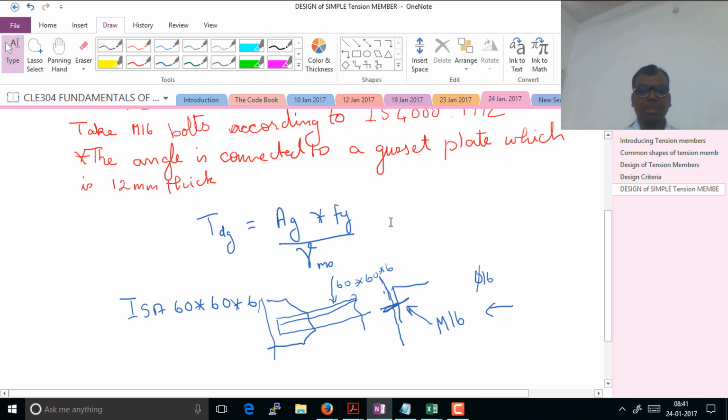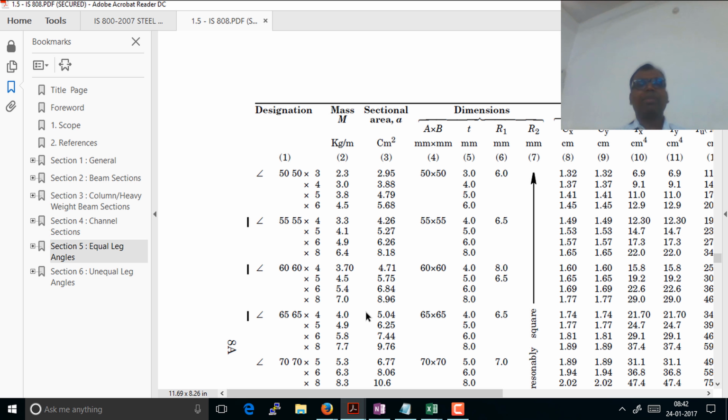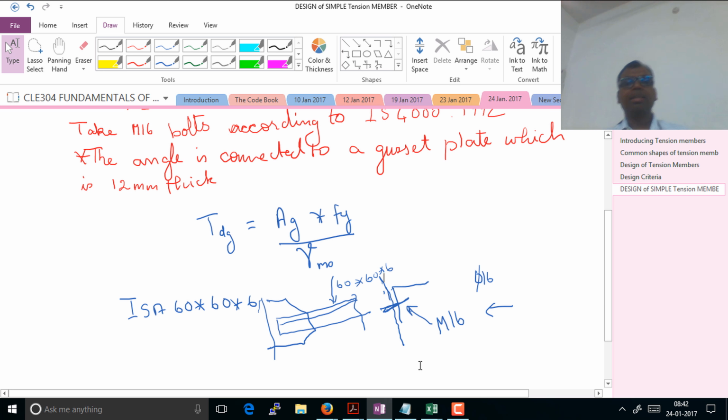You need to open your steel tables and find out the area of cross section of 60, 66. Now, if you look at the angle, what is the area? And the bolt hole is somewhere here. Which is the area under tension? Is it both the legs, or is it only one leg in this case?